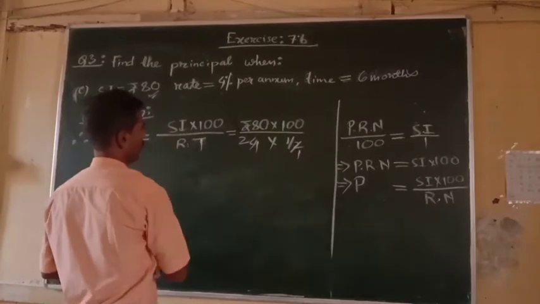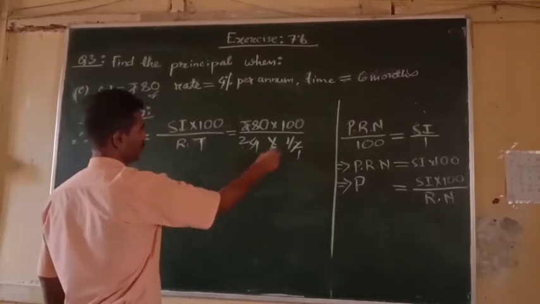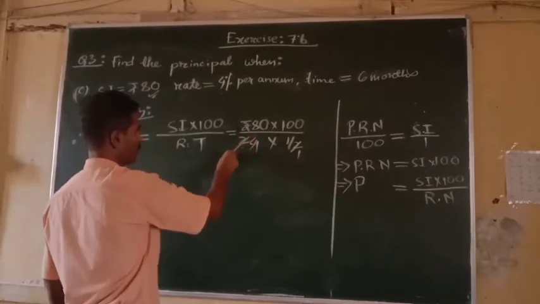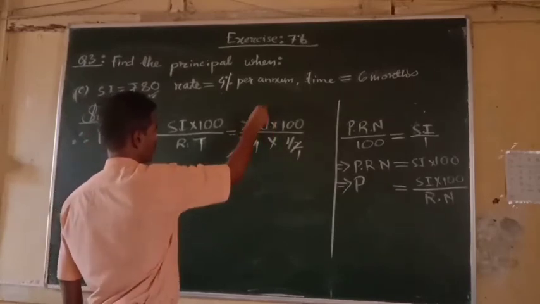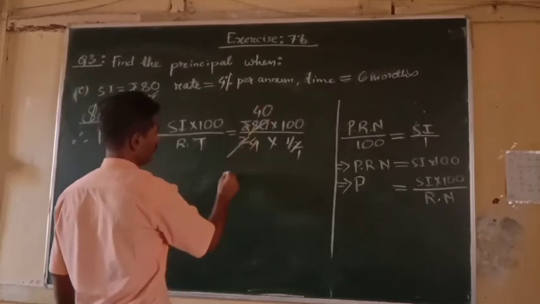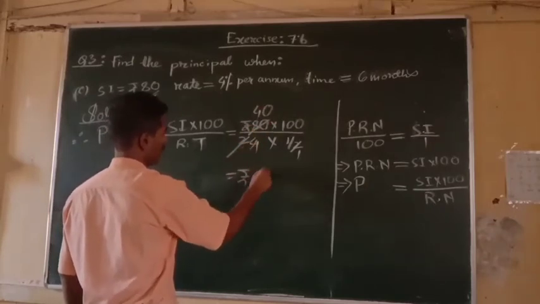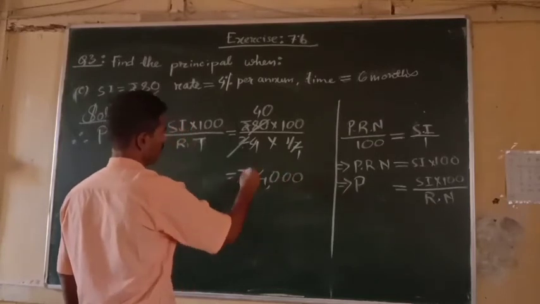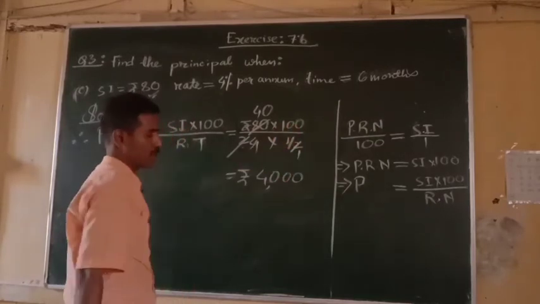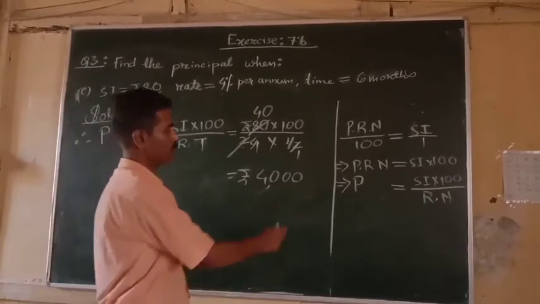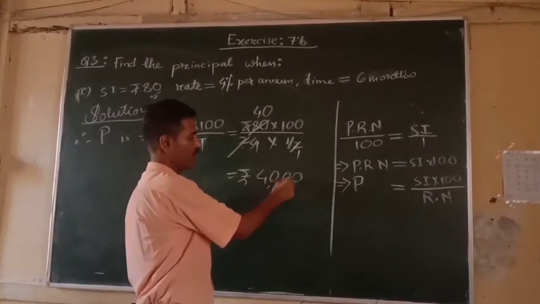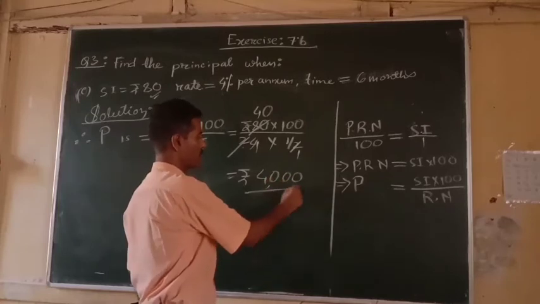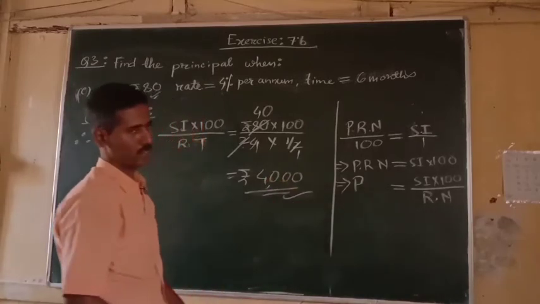Now see, here remaining 2. 2 times 1 is 2, 2 times 2 is 4, remaining 2 by this 2. 2 times 4 is 8, 2 times 0 is 0, so remaining rupees 40 into 100. Since we know whenever we multiply any number by 100, you put 2 zeros after the number. It's 40, followed by 2 zeros: ones, tens, hundreds, thousands. Rupees 4,000 is our principal. It's very simple.